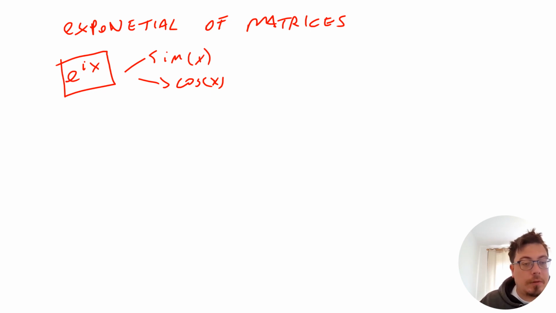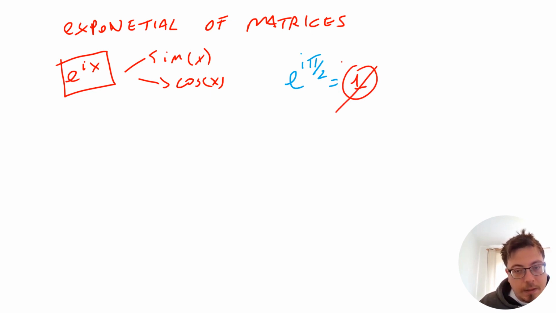Hopefully I'm not making too many mistakes, because last time I made one big mistake, which was e to the i pi over 2. I said it was equal to 1, which is clearly wrong, because e to the i pi over 2 is equal to i. 1 is only e to the i pi, which is equal to minus 1 actually.